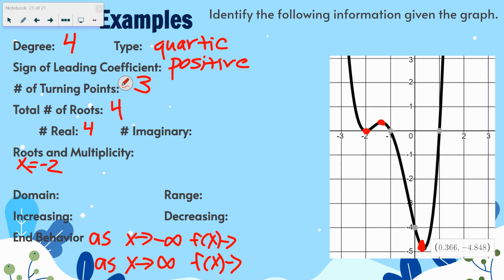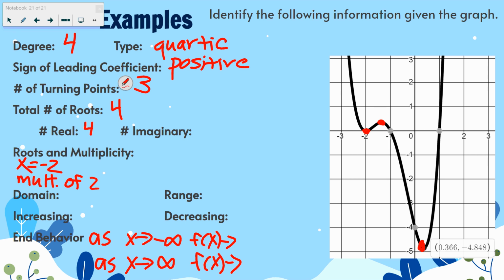We call that a bounce. That's your multiplicity. If you're thinking about this in terms of points, you have to equal your degree, which is 4. So this means x equals -2 is worth 2 points because it has a multiplicity of how many? -2 has a multiplicity of how many if there's a bounce right there? 2.